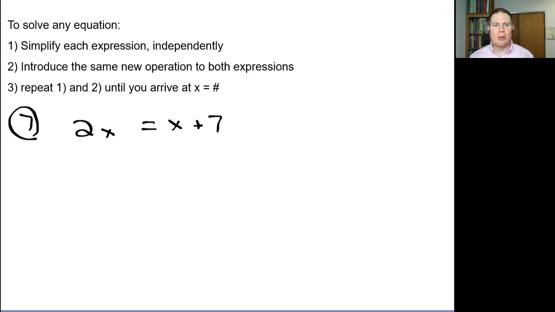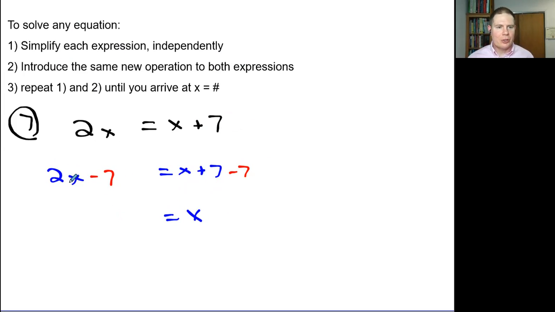We need to be strategic about what we do to both sides. Well, instead of getting rid of the 2, maybe I want to get rid of the 7. So the opposite, the inverse of adding 7 is to add its opposite, right? To subtract 7. Let's try to keep the color coding appropriate here. So I'll do my minus 7. And over on the right, I got x by itself, because x plus 7, then backwards 7, that's x plus 0, which is just x.